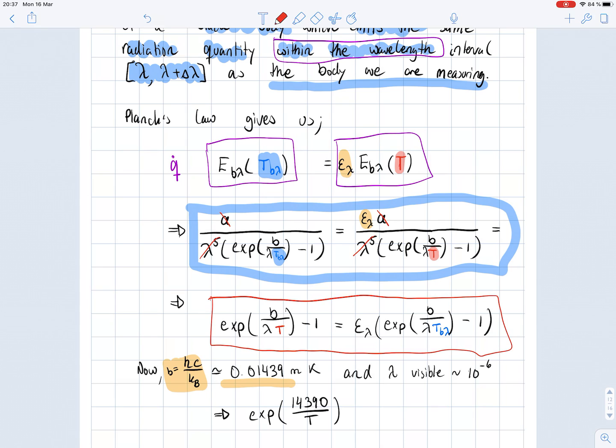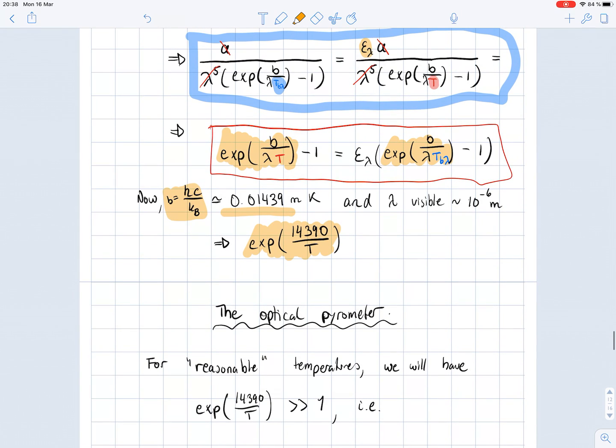While we have to make some assumption on lambda, the wavelength, let's say that it is around 1 micron for visible light. If you put in these numbers, you get that this exponential function takes the value of around 15,000 divided by the temperature.